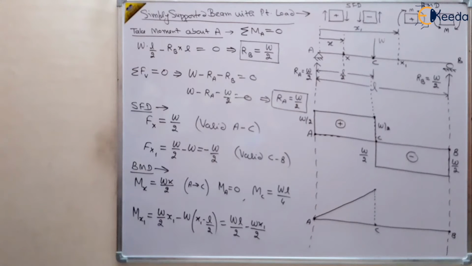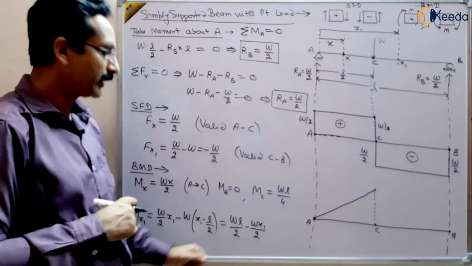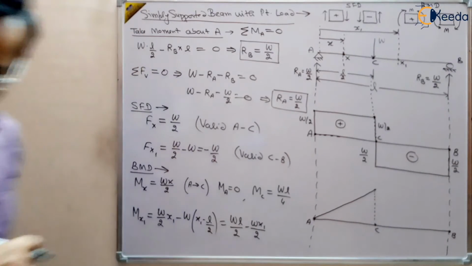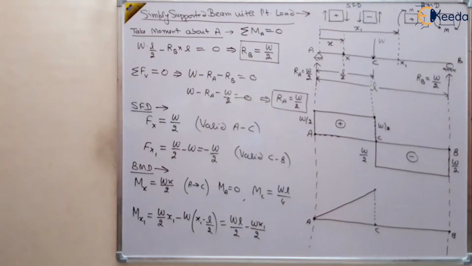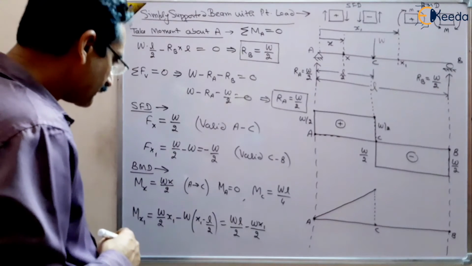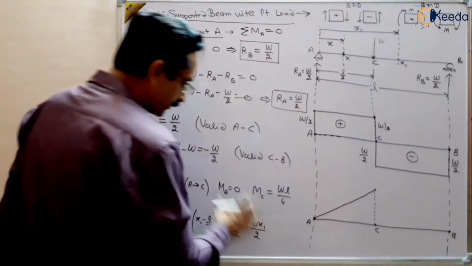So this is the bending moment at a cross section x1, right? So this is WL by 2 minus Wx1 by 2, right? Now this is the bending moment.